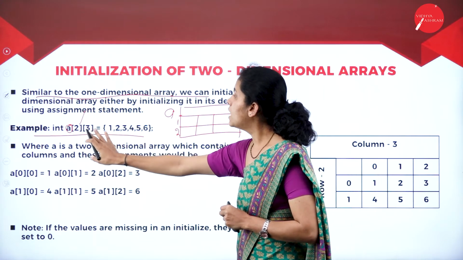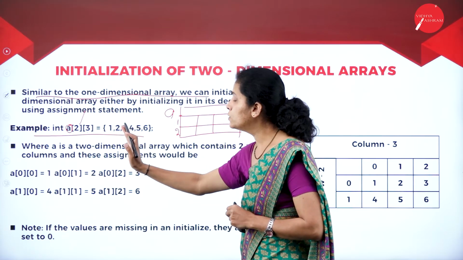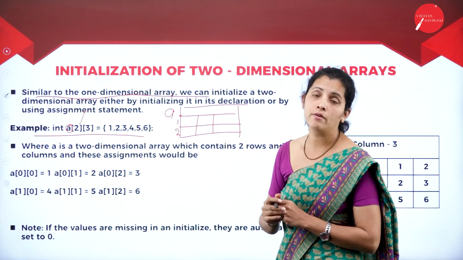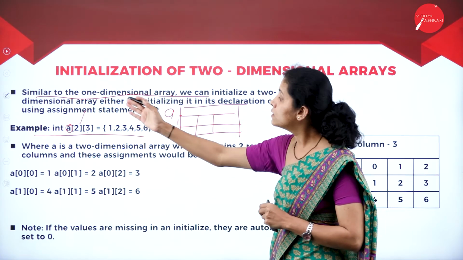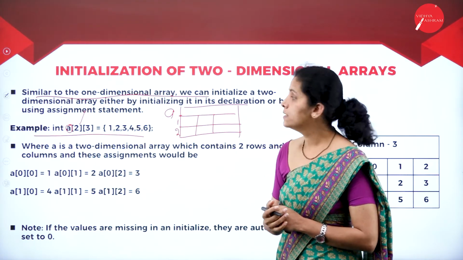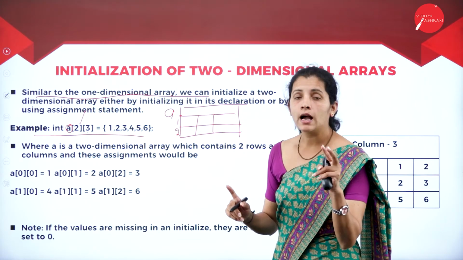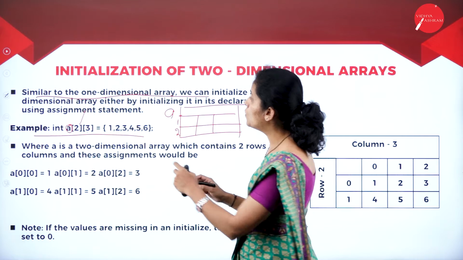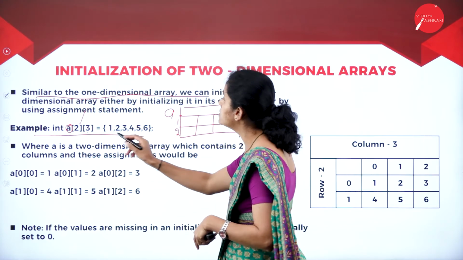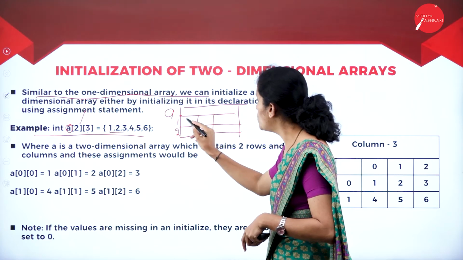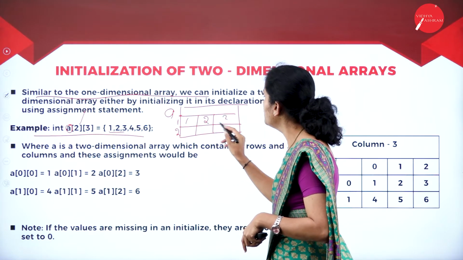Now see here, I'm going to have the values. That means I'm going to assign 1, 2, 3, 4, 5 and 6 to the two-dimensional array A. So here I'm going to have 2 rows and 3 columns. So what I will do, I'm going to place the first 3 numbers in my first row: 1, 2, 3.